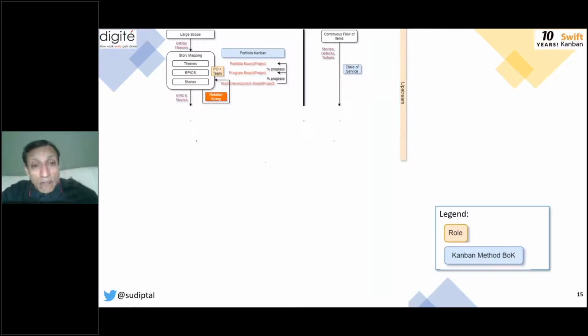And then you will have something like a portfolio Kanban to be able to see the progress from the stories to the epic, from the epic to the themes. I don't want to get too much into the Swift Kanban tool, but you can use a tool like Swift Kanban to show that in an awesome fashion.